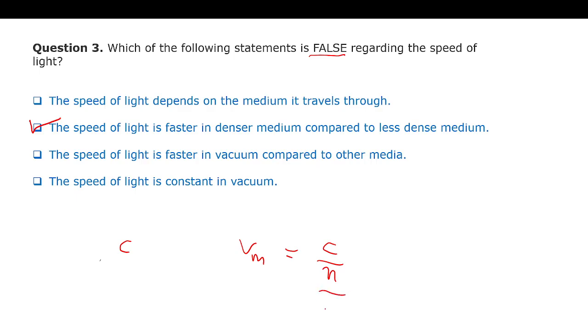So when the refractive index is higher, the medium is denser; usually n is directly proportional to the density, and that's why the speed of light becomes slower in denser medium, and the speed of light will be faster in rarer medium where the refractive index is less.